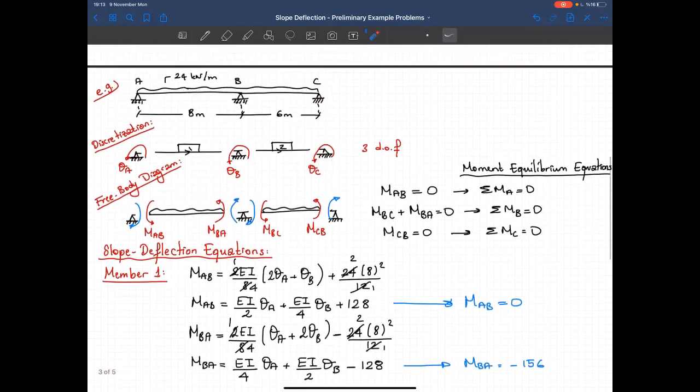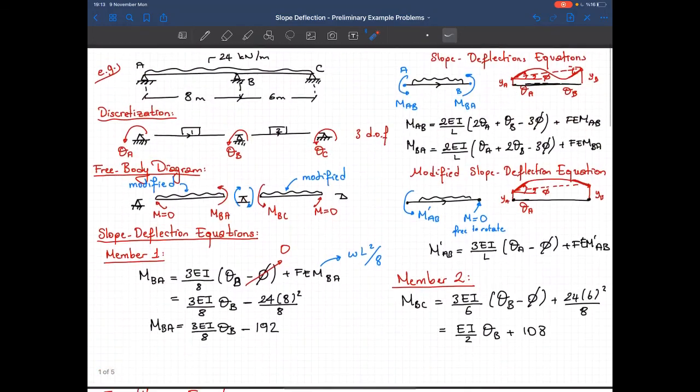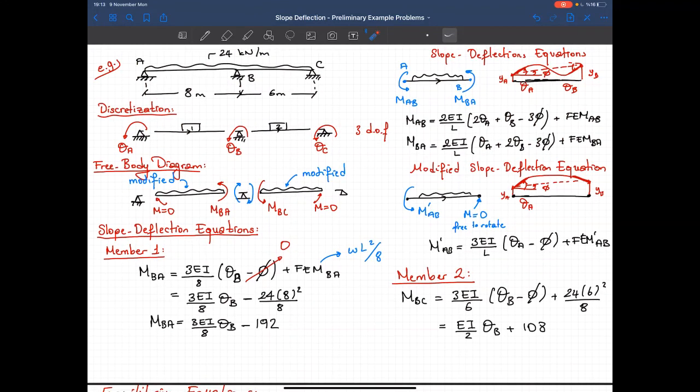But if you go back to our previous solution, now I use the modified equation, and the modified equation helps me to eliminate the calculation of this rotation. Again, I use the modified equation for this member, and it helps me to eliminate the calculation of this C, and I end up with only a single degree of freedom.